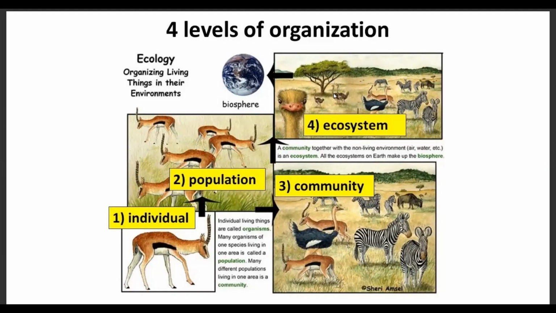Only the living things, right? Even though we said they live in the same area, we did not include non-living things. When we come to ecosystem, it means a collection of communities as well as abiotic factors with which they interact. Communities, and in addition non-living things like air and water, right? Abiotic components. When all of these come together we call it an ecosystem. Right?